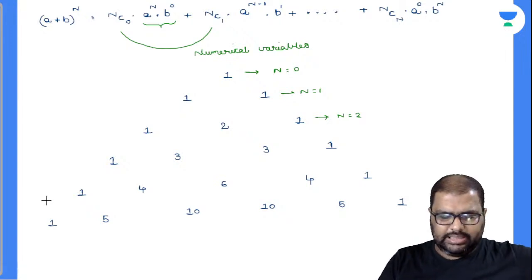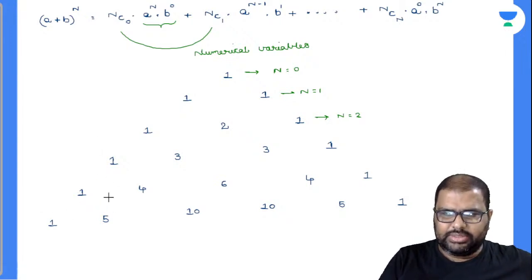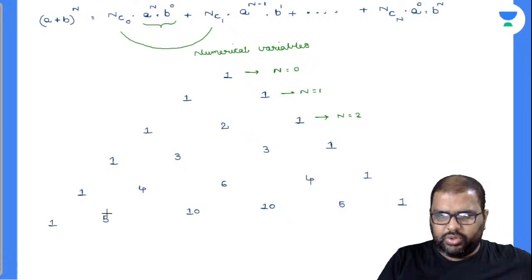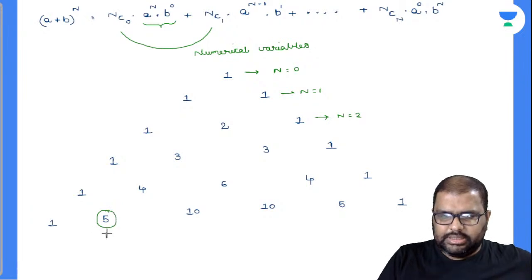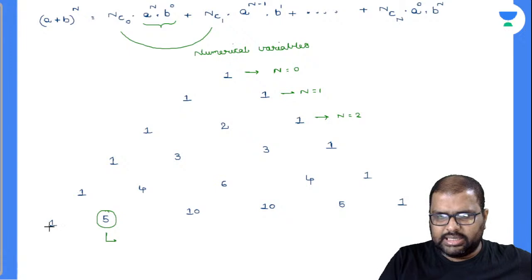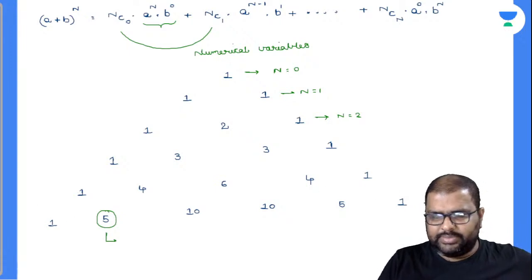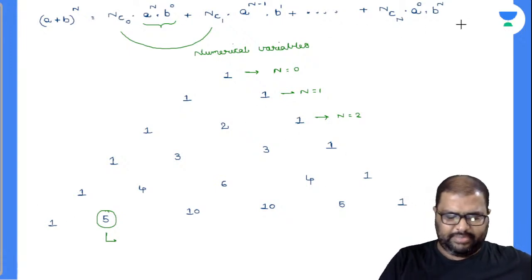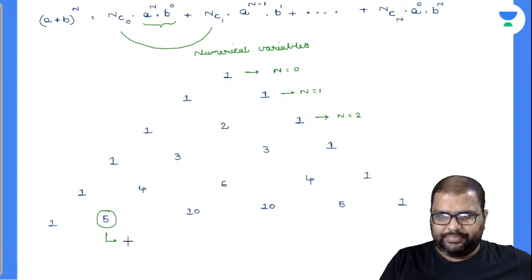I'll underline some points there. Let me know the values in nCr format. Now closely observe there. What is this 5 representing in nCr format? Now see here, every row starts with nC0 and ends with nCn, just like in the binomial theorem. So is this nothing but called nC1? Matlab, I can write down this as 5C1.